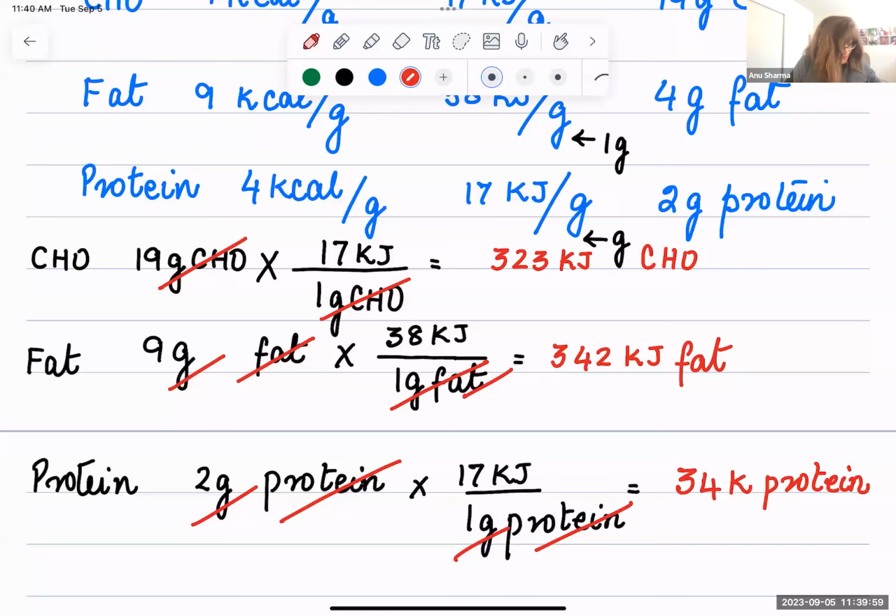I see that in your book, it's 150 kilojoules for the fat.